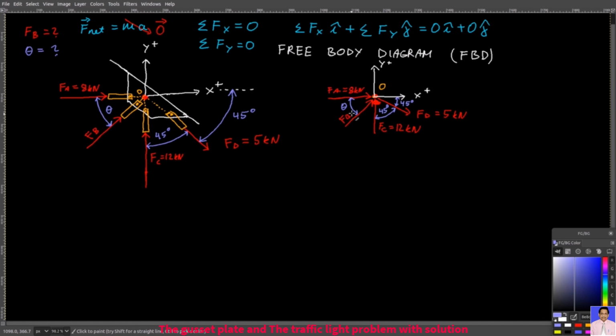In the end, force Fb and the angle theta will be exactly the same. Either we draw this object here, or we simply apply all these forces to this particle at O.